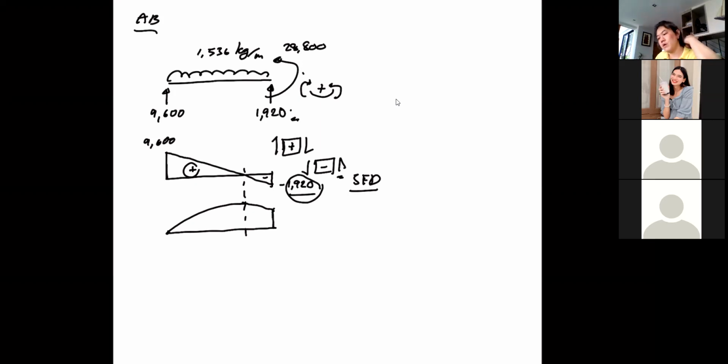Okay. So yeah, because I say you should show your calculation, so I better do the same thing. First of all, it's the distance where you're going to have shear equal to 0, and therefore you have your maximum moment, right? So that means this, let's say it's equal to 9600 divided by 1536, which is 6.25 meters.